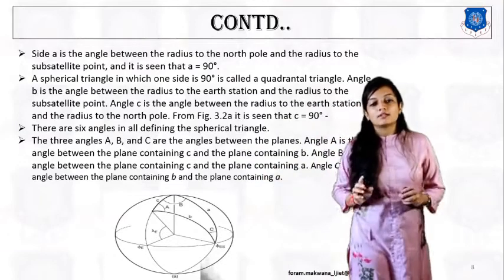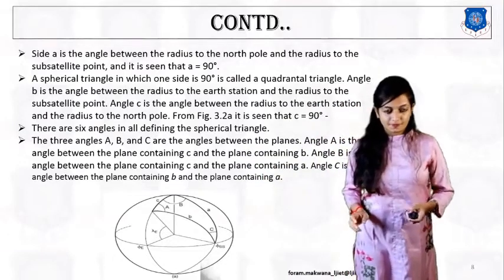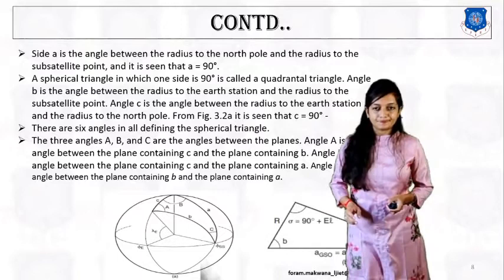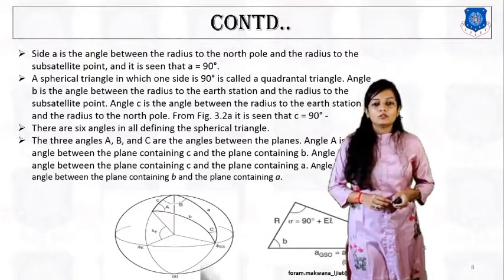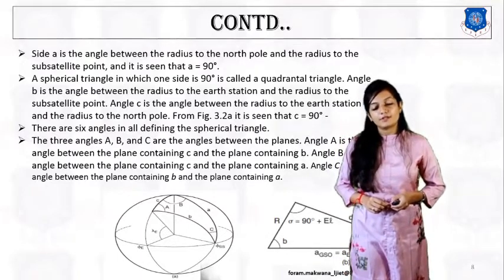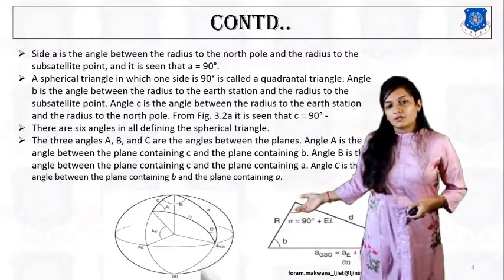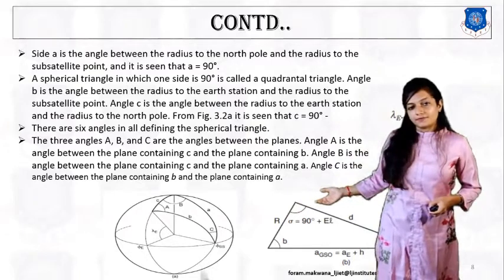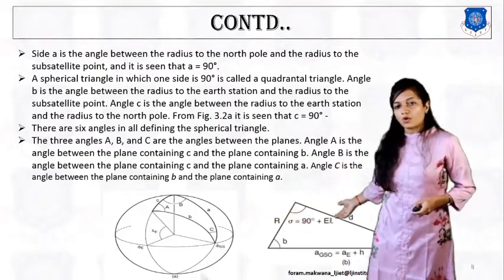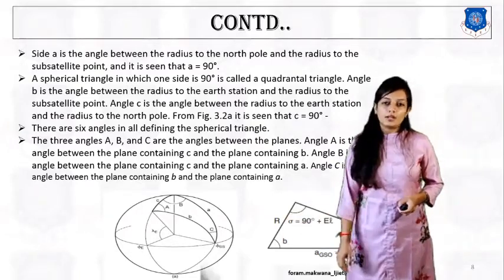So there are total 6 angles. Now we are going to calculate all these angles, and from this we are able to find out the azimuth angle. And this is the plane triangle that we are going to use for the calculation of the elevation angle.